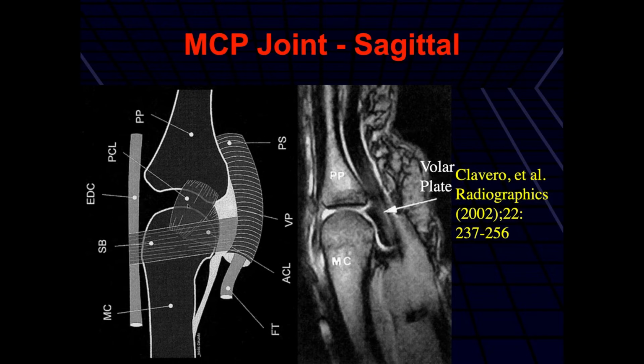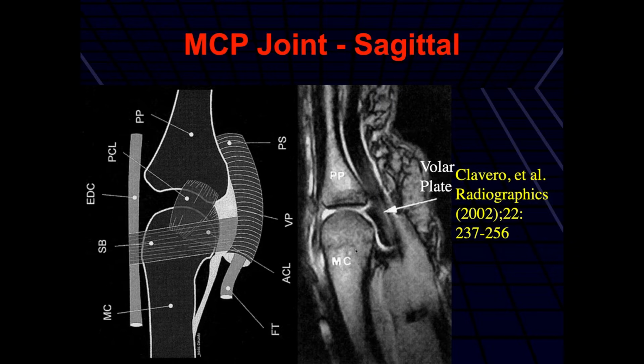And you've got the collateral ligaments, the sagittal band that we already talked about, and then this sheath surrounding the flexor tendon, allowing it to flex and extend in the region of the metacarpophalangeal joint without injury from motion of the joint itself.